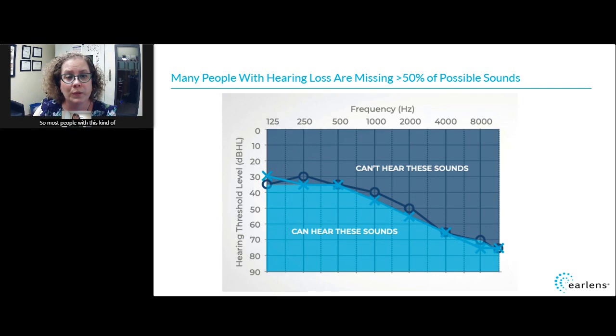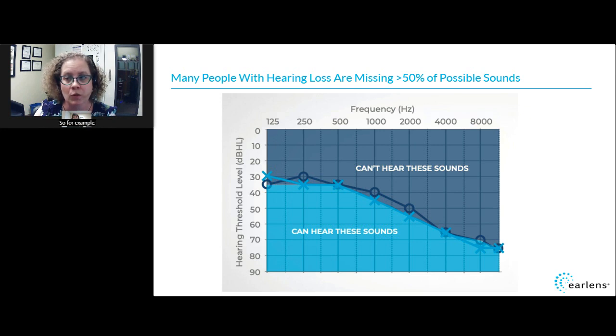So most people with this kind of hearing loss are missing more than 50% of the possible sounds. If this was your audiogram, you wouldn't be able to hear those sounds in the dark blue shaded area. But you would be able to hear sounds in the light blue area.